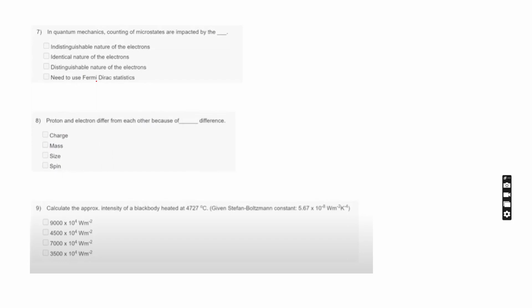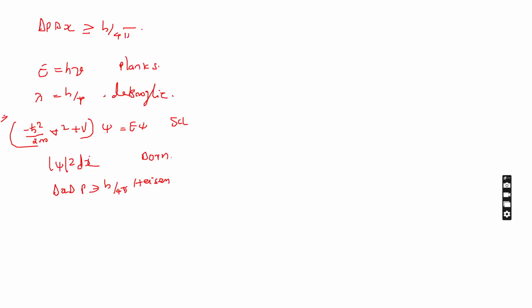Indistinguishable nature of electrons and need to use Fermi-Dirac statistics. Then the next one, protons, we have done, the mass and size. This one, calculate the intensity of black body radiation for 77 degrees Celsius, as we did, ma'am.